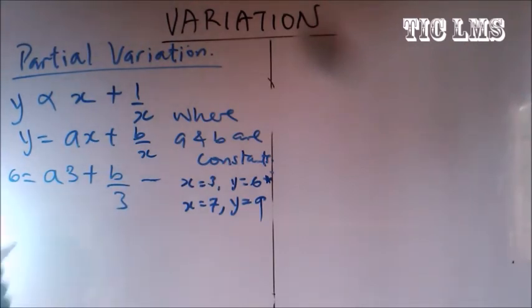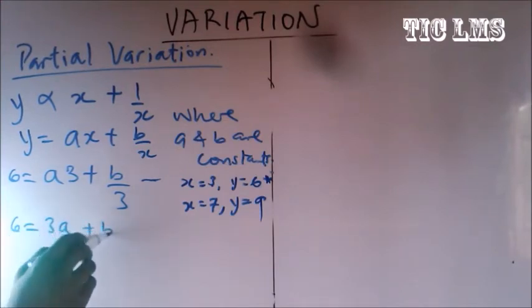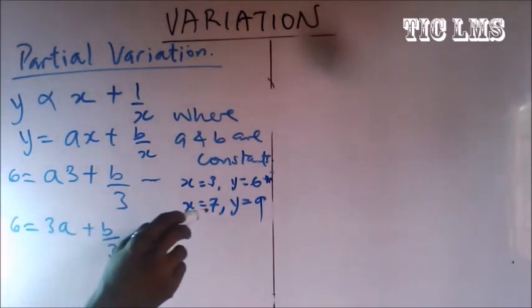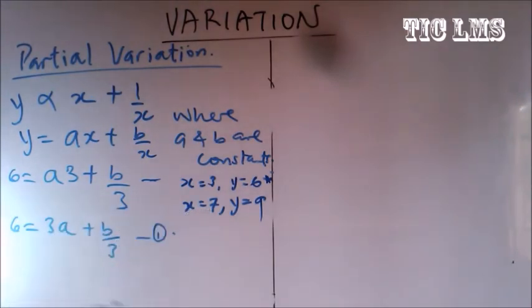This can be written as 6 equal to 3A plus B over 3. So this is our first equation. Then the second one says when X is 7, Y is 9. So Y is 9 equal to 7A plus B over 7. This is our second equation.